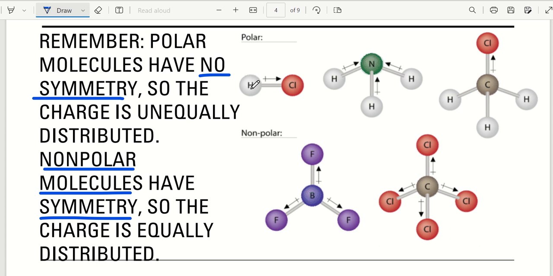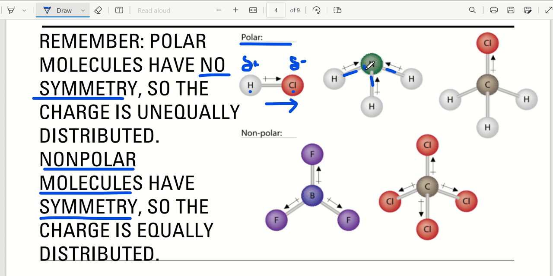Well, here between H and Cl, I have a polar bond. It's shown this way because this side is partially negative and this is partially positive. So the negative is being pulled this way. Is there anything pulling it in the opposite direction? Nope, polar.